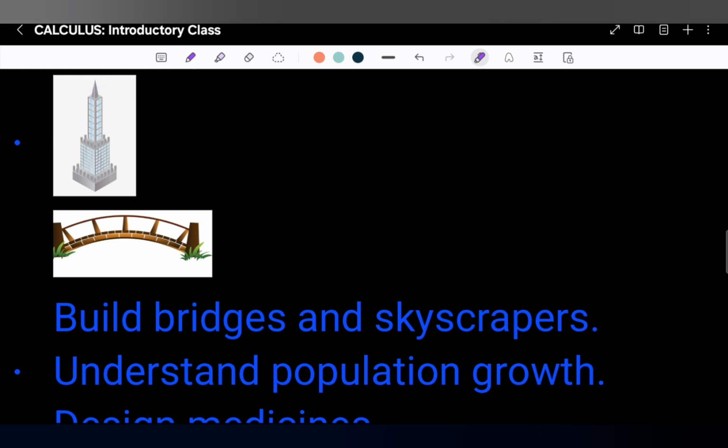And with the help of integration, we determine what the strength of these skyscrapers should be, because inside there is the weight of different objects, humans, and other things which humans need in their daily life, like furniture, fridges, etc. So there are multiple objects in a single skyscraper. They determine the weight of all these objects using integration.